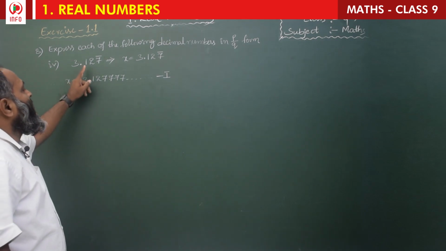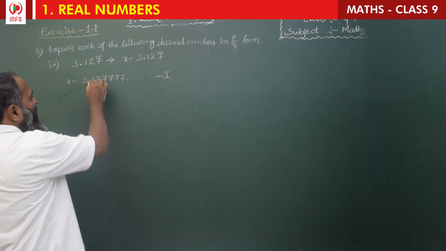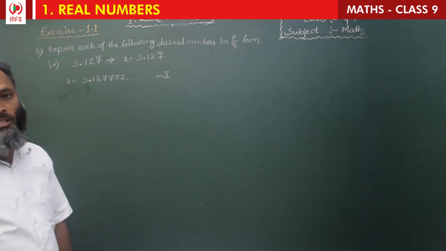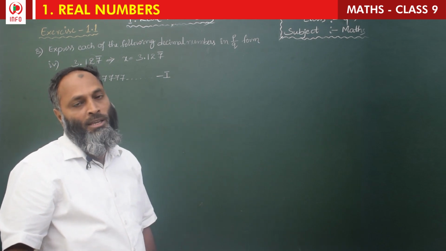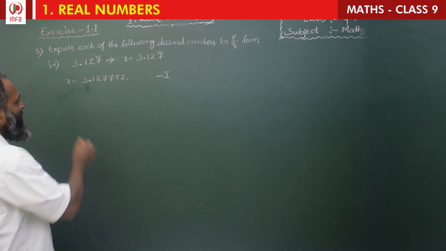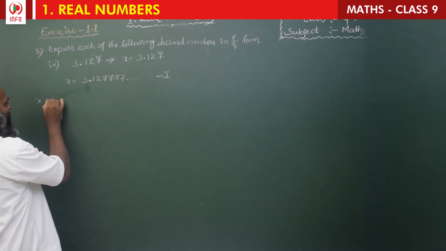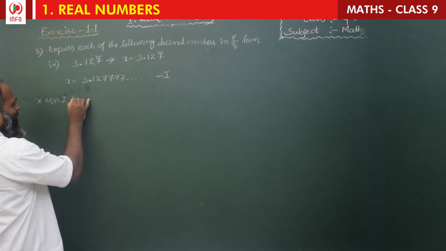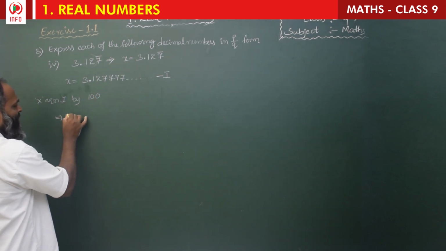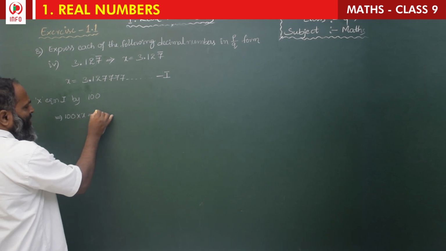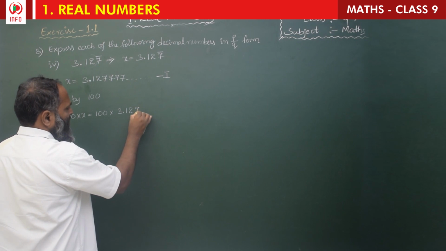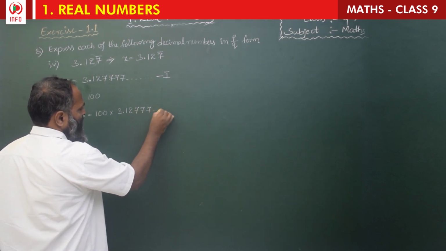Here, after the decimal, on how many digits do we have no bar? On 2 digits we have no bar. So we should multiply with 100 first. So multiply equation 1 by 100, that implies 100 into x is equal to 100 into 3.12777 and so on.